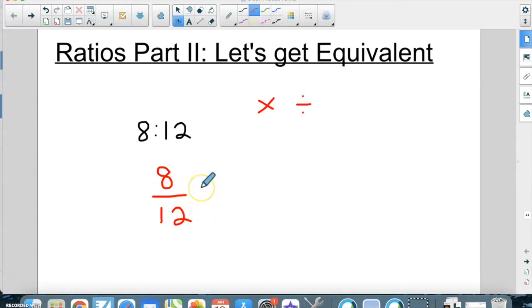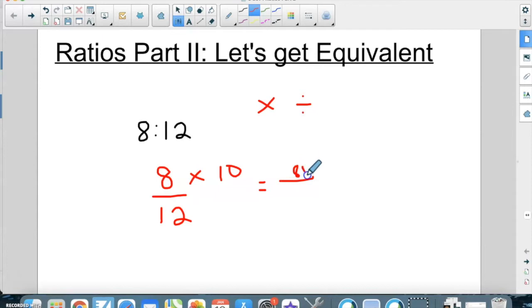All right, now how do we find an equivalent ratio with 8 over 12? Well, we said we could multiply. Well, it means you can multiply any number you want as long as what you do to the top, you do to the bottom, right? You have to do it to both numbers. So if I wanted to find an equivalent ratio, I could multiply by 10, and then that would equal 80.